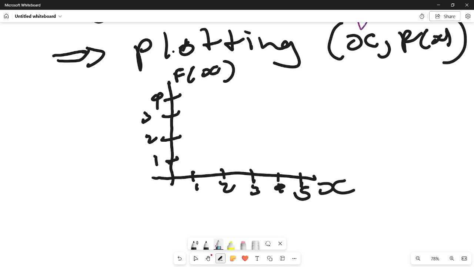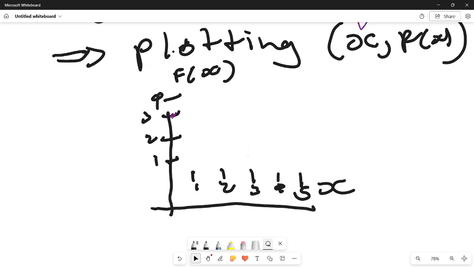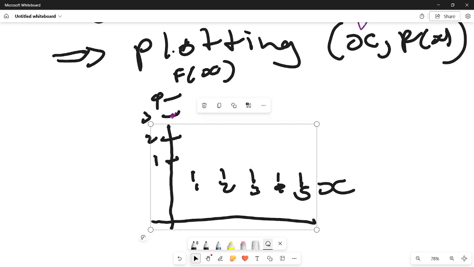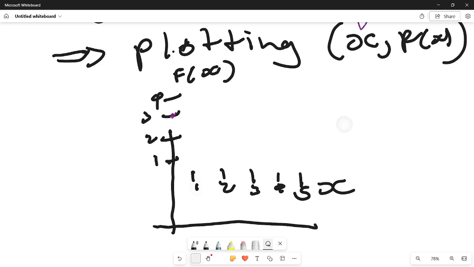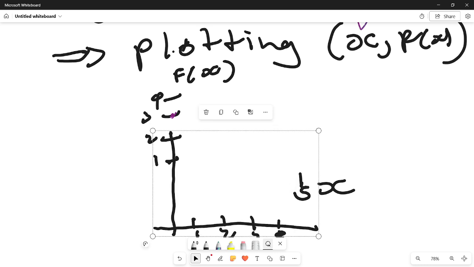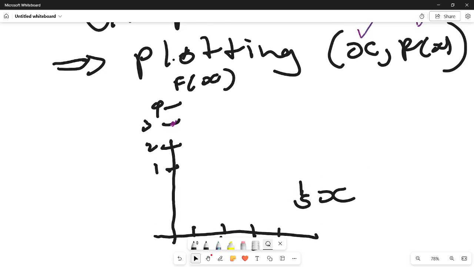So 0 paired with 3 is this point somewhere here. I think I should have drawn it a little bit down. So what we can do is just shift it down, move this down.